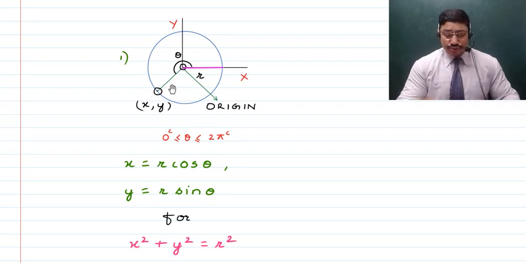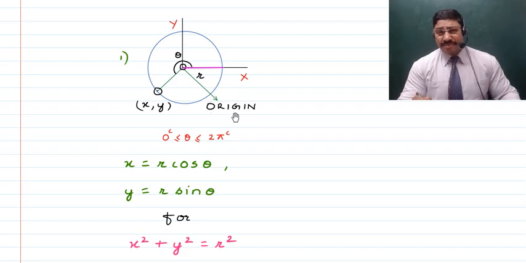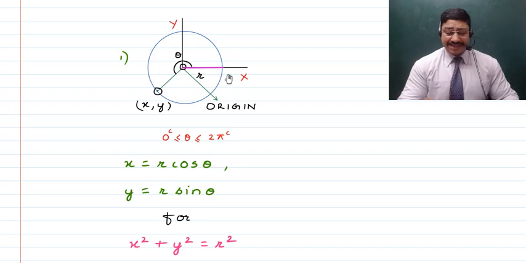Now here, when we talk about the standard form, now to be represented in the parametric form, what we do is, again, we make the x-axis and the y-axis, and the intersection, the origin, is where the center of the circle is.